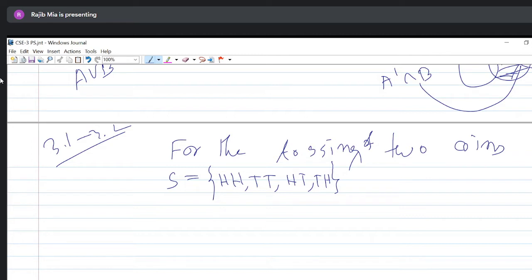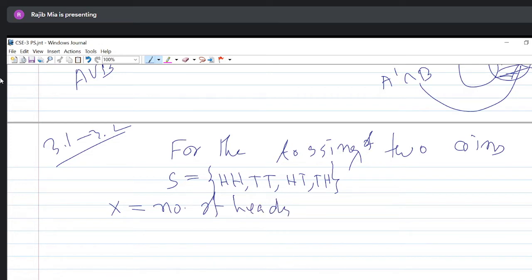Now suppose we define the random variable X as the number of heads. X counts the number of heads.